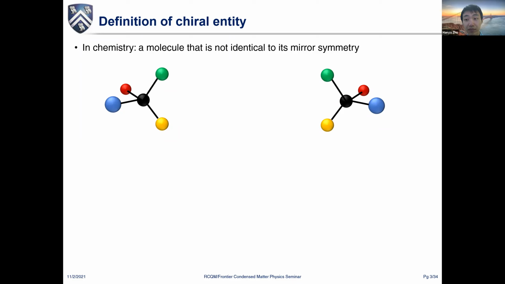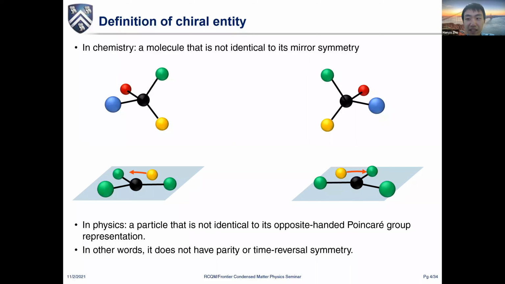Something that has left-handedness and right-handedness cannot overlap with its own mirror image. In physics, chirality is a bit more abstractly defined, especially in high energy physics, where they define chirality with its representation in terms of a four-dimensional space rotation.